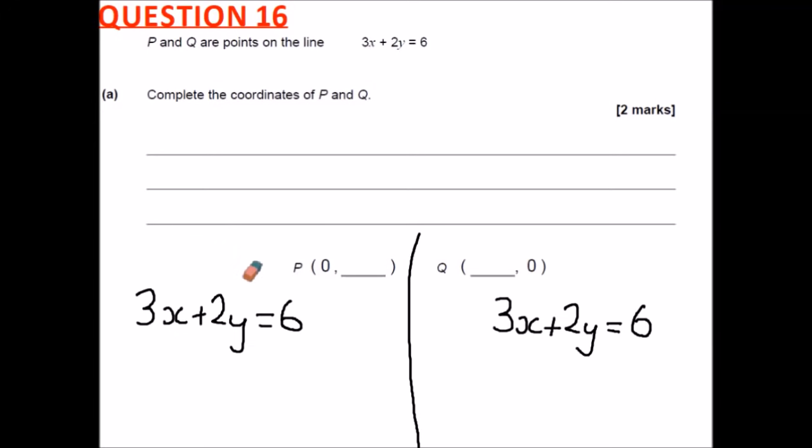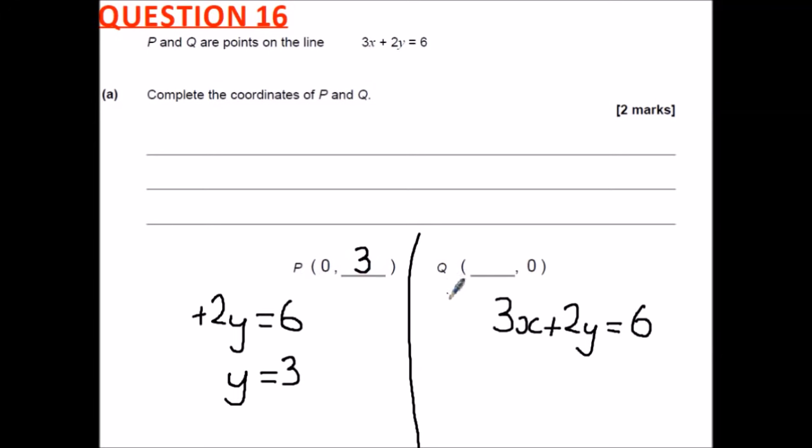So for point P, when x is 0, we can completely forget about 3x, and we're just left with 2y equals 6. So if 2y equals 6, then we can half that. Half of 2y is 1y, and half of 6 is 3. And so when x is 0, y is 3. So we know the coordinates of P as 0 and 3.